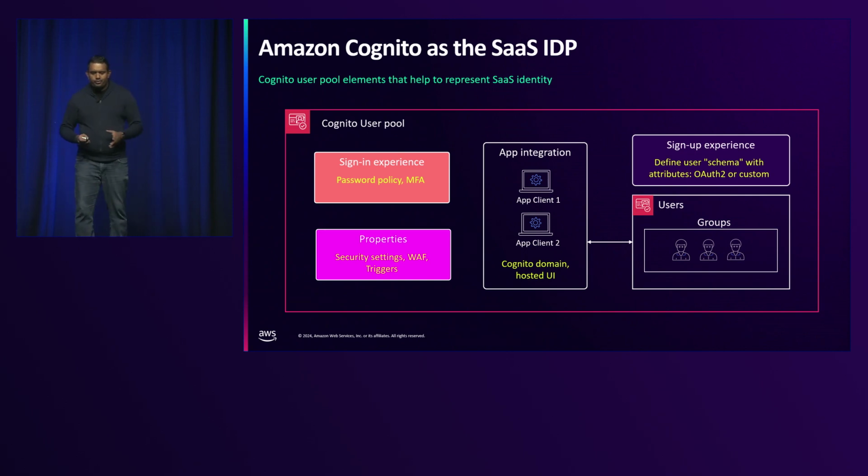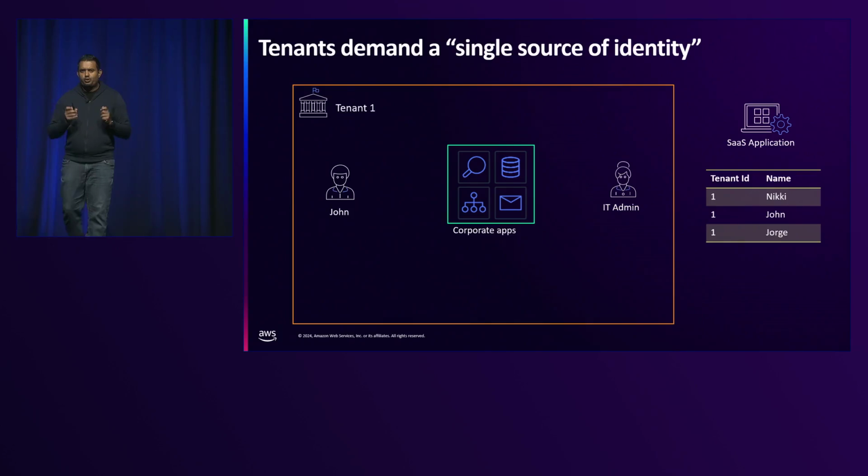But what if the tenants really do not want the SaaS provider to manage the identities of their employees? For example, there could be some tenants who don't encourage their employees to go out and sign up for the third-party SaaS applications, creating the profiles and providing the usernames and password, primarily because it could be security reasons, vulnerabilities, and company policies as well.